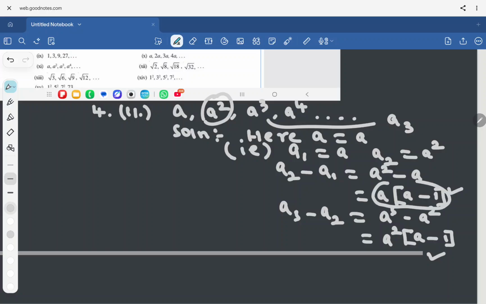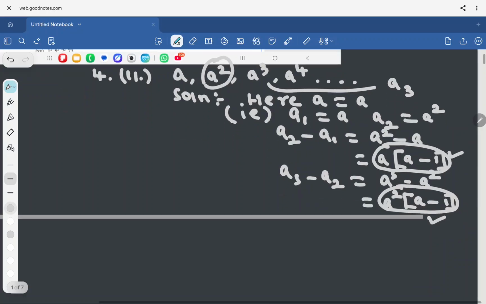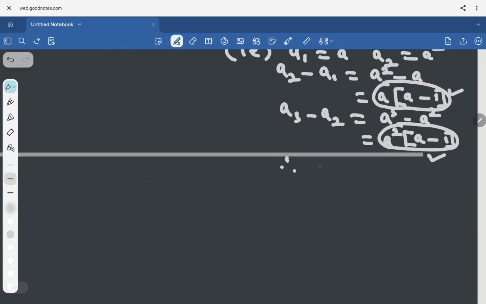Here a2 minus a1 is a into a minus 1, but a3 minus a2 is a square into a minus 1. Both are not equal, both are not same. Therefore it does not form an AP.